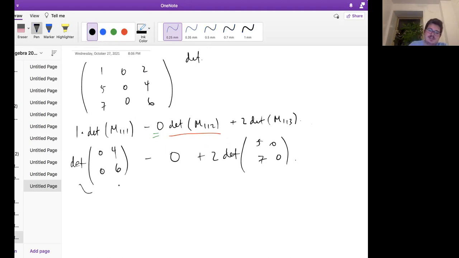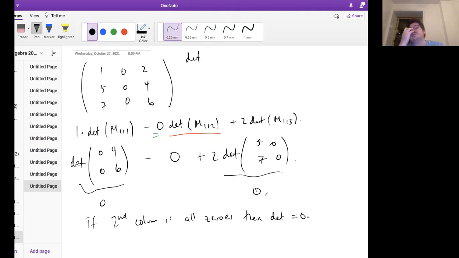Yeah, so this is 0 and this is 0. So right now, if the second column at least is all zeros, then the determinant is equal to 0.